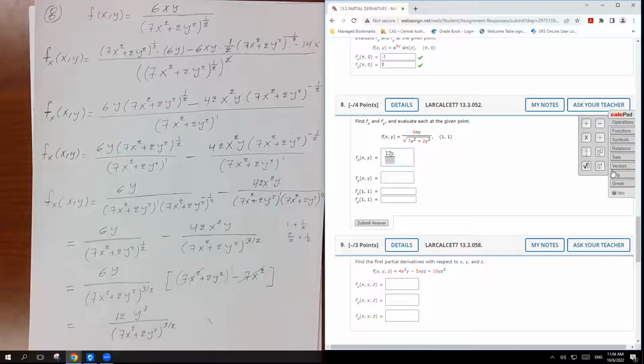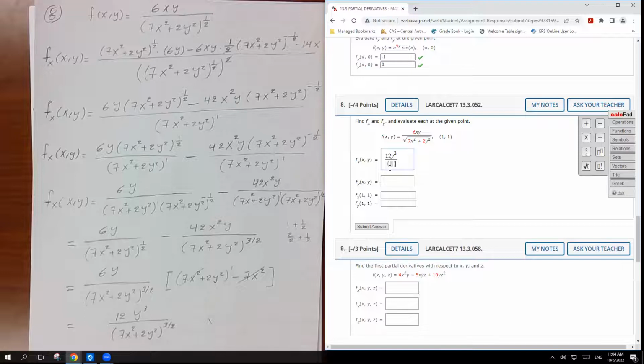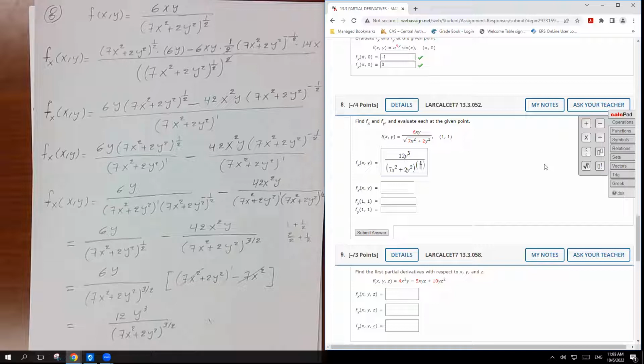So 12y cubed over parentheses 7x squared plus 2y squared, and everything here to the power 3 over 2. Oops. 3 over 2. Is that a 3? Let's check before moving on.